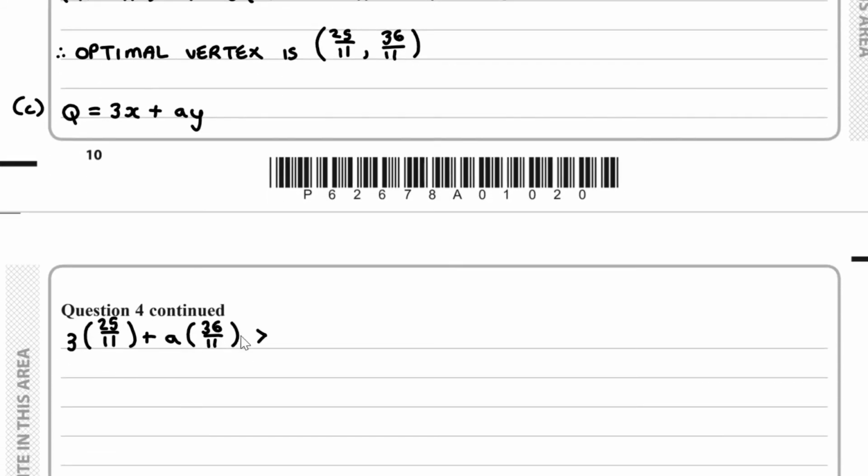So this will be greater than 3 lots of 2/3 plus a lots of 5 over 3.